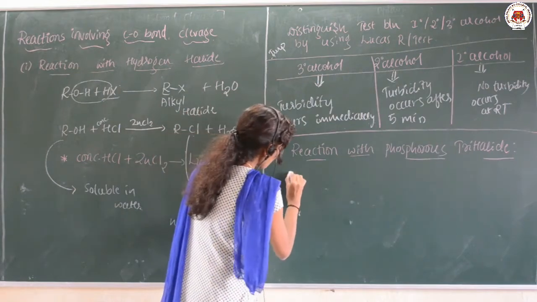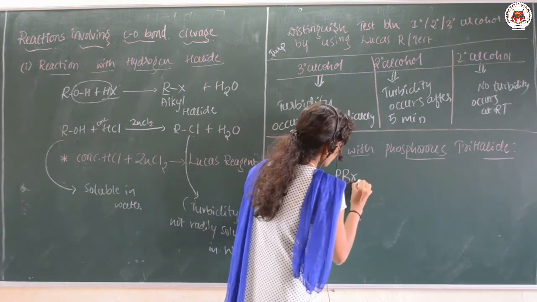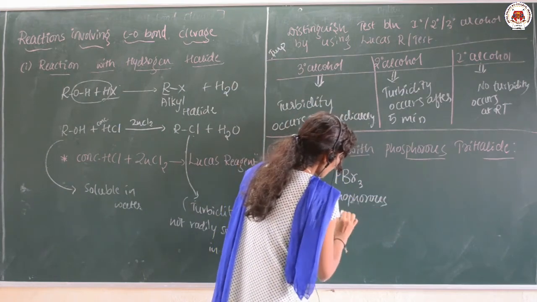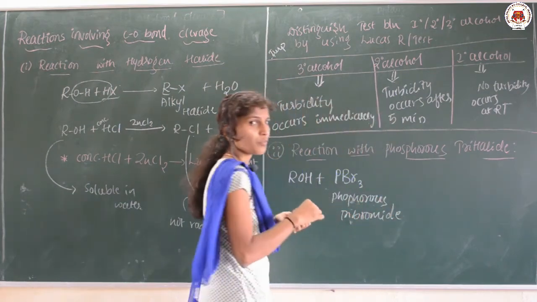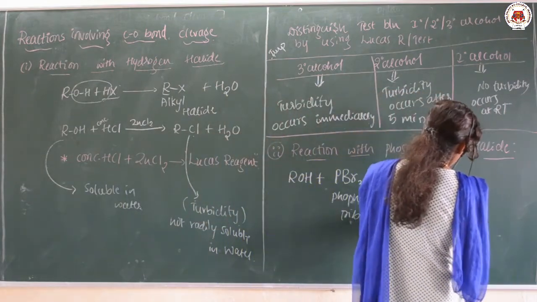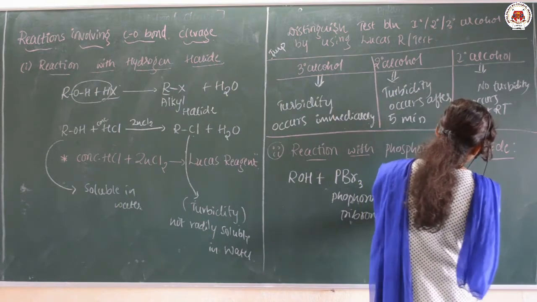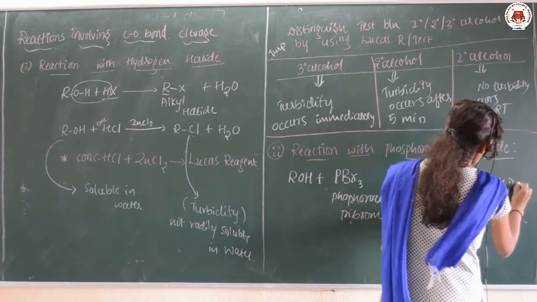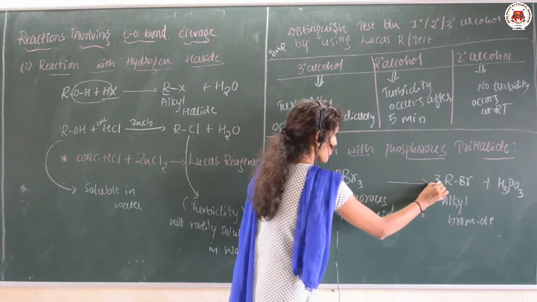So, whenever alcohol is treated with phosphorus trihalide, I am taking phosphorus tribromide. Here there is a formation of the alkyl bromide. Along with that, there is a release of H3PO3. So, in order to balance it, 3 ROH and PBr3.